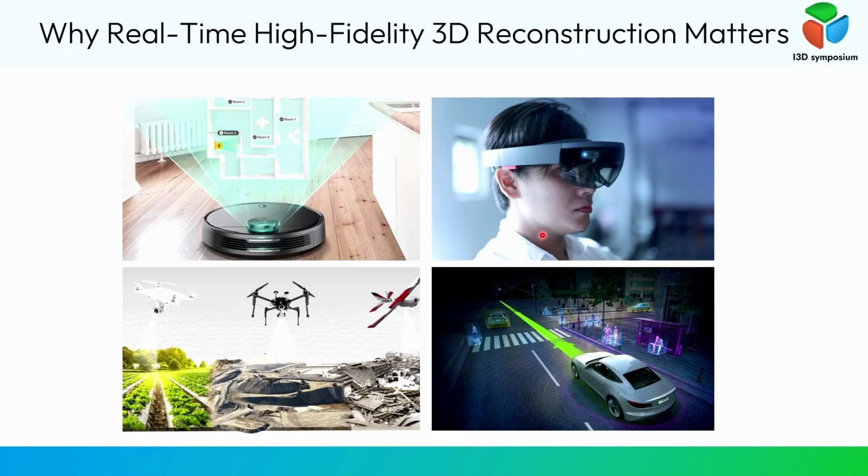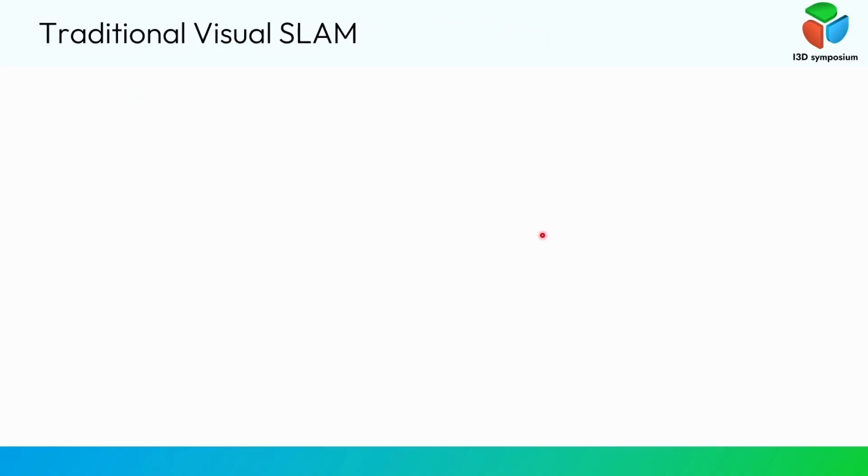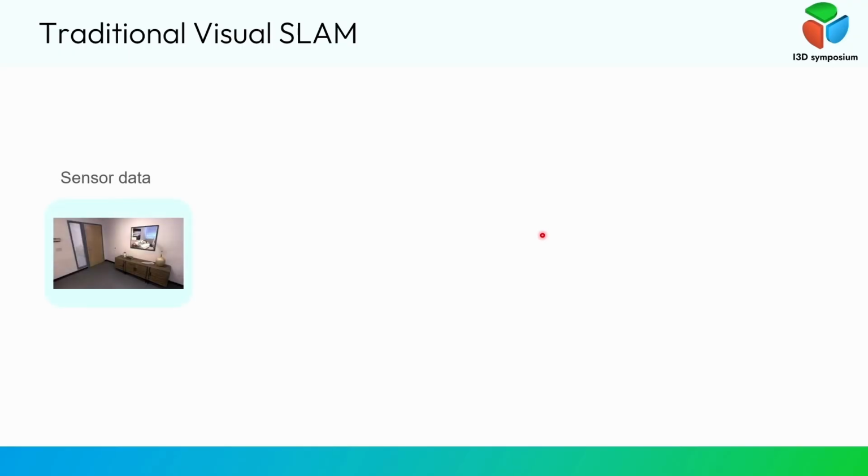In this work we focus on exploring how 3DGS and SLAM could help to this goal. Before we go into our pipeline design, we should take a quick look at how traditional visual SLAM works.